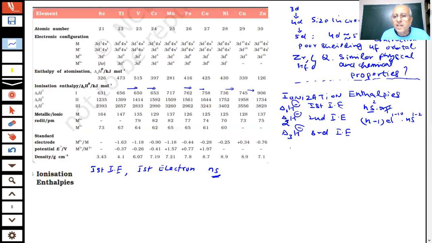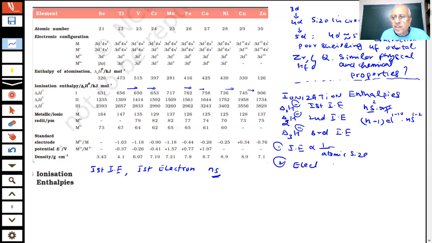Ionization enthalpy depends on what factor, students? Ionization enthalpy is inversely proportional to atomic size. This is one way of saying that, but there are other factors also operating here. There could be extra stability due to electronic configuration.